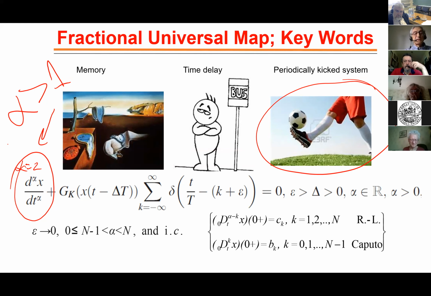They include the value of function g at the time of kicks, when alpha is more or equal than 1. And at the time of kick g is undefined. Okay, I mean x is undefined and correspondingly g is undefined.